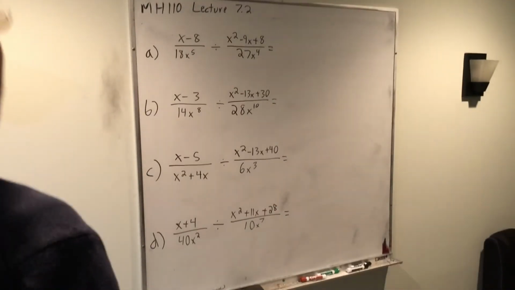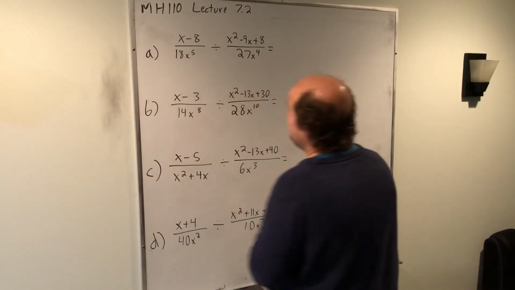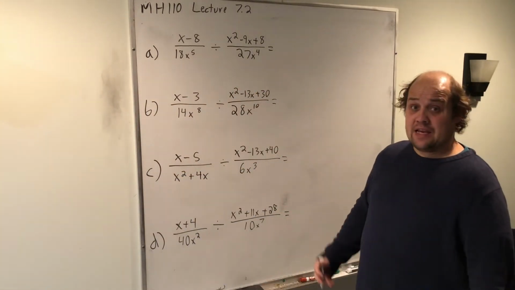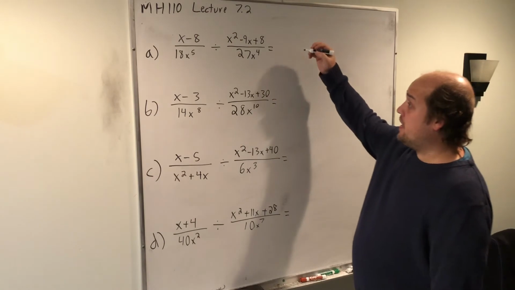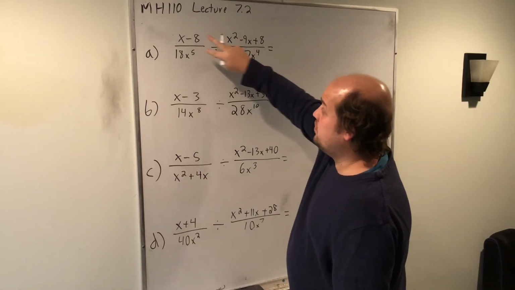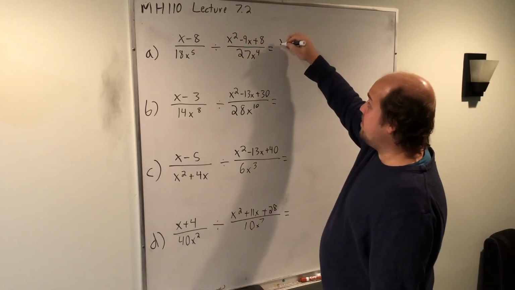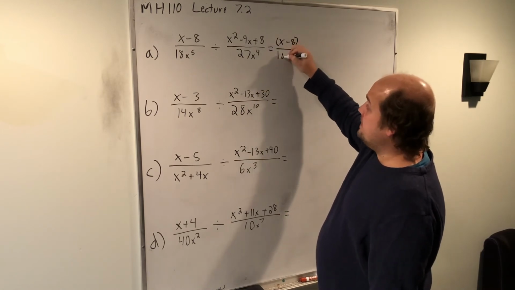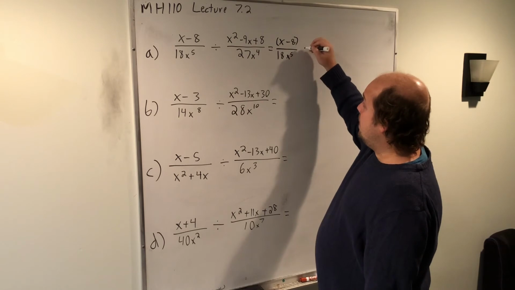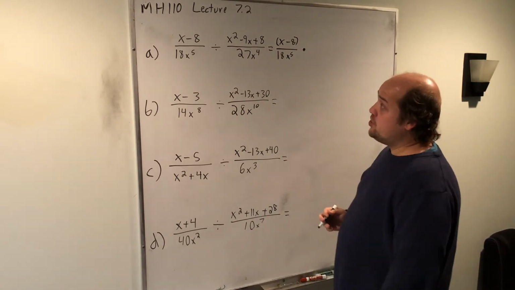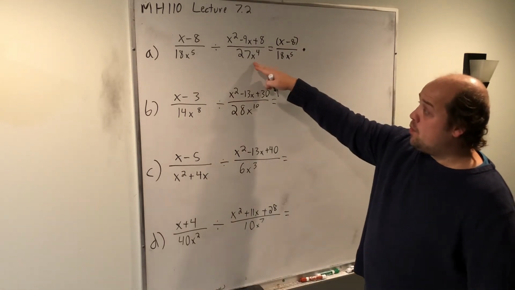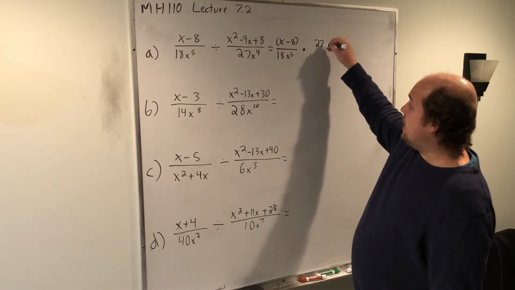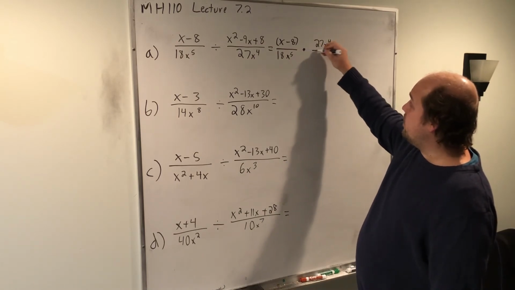When I go to divide these problems, basically where I'm going to begin is by rewriting the first fraction, top over bottom. So x minus 8 over 18x to the 5th. I'm then going to write in a multiplication symbol, and I'm going to write what was on bottom, on top, 27x to the 4th.